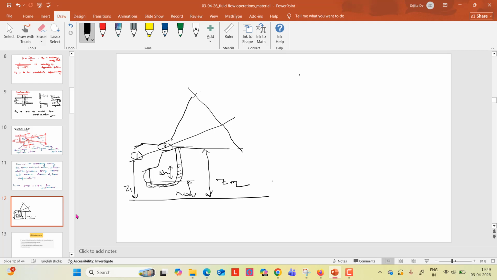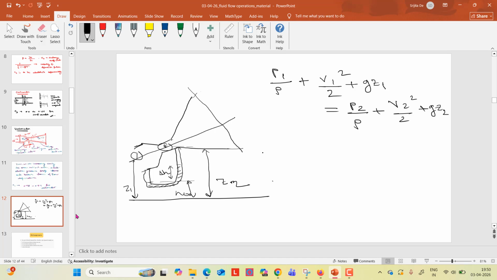In this case, the Bernoulli equation will contain the Z term, the static head term. P1 by rho plus V1 square by 2 plus GZ1 equals P2 by rho plus V2 square by 2 plus GZ2. Right?